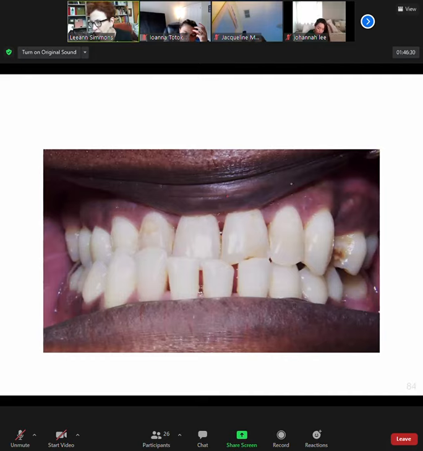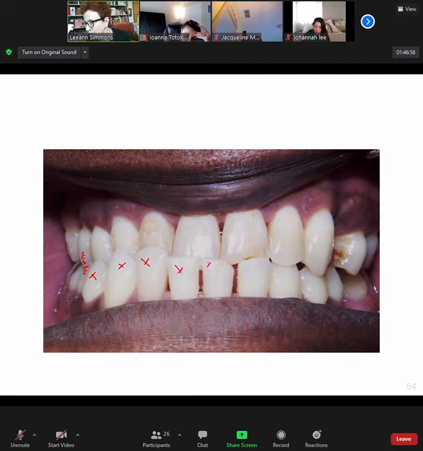Here's one that's just the most amazing malocclusion ever. You see an end to end here. I'll put an E to E arrow. This is a crossbite, put an X. Here is a crossbite, another X, another crossbite here, crossbite here.